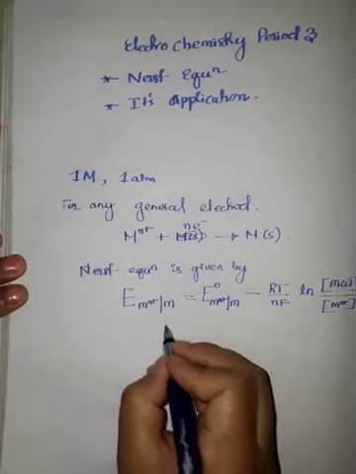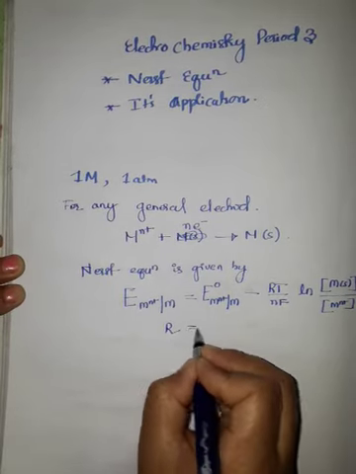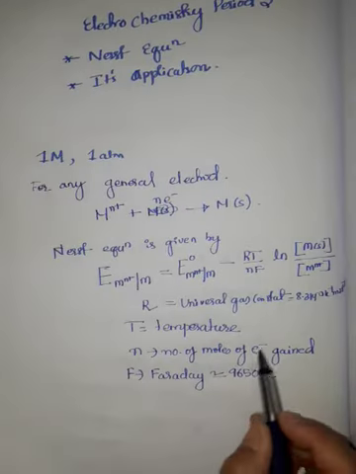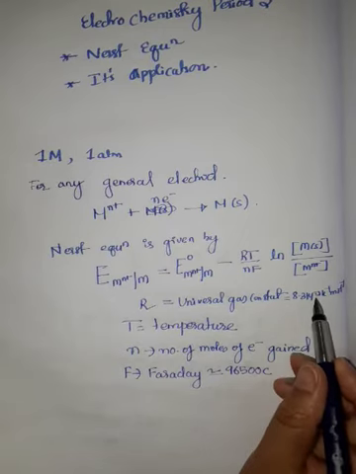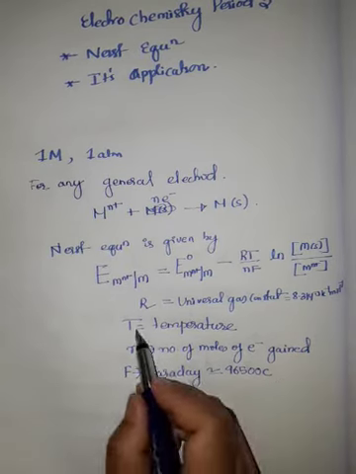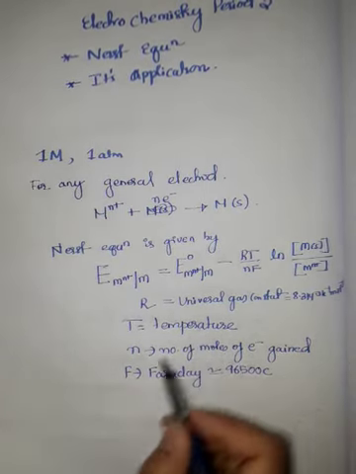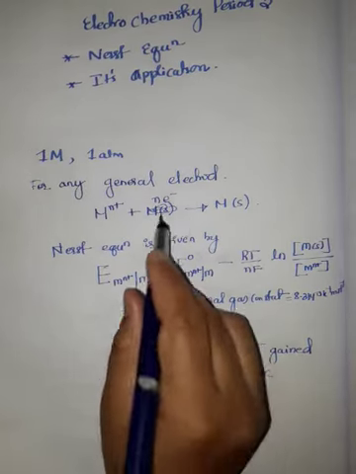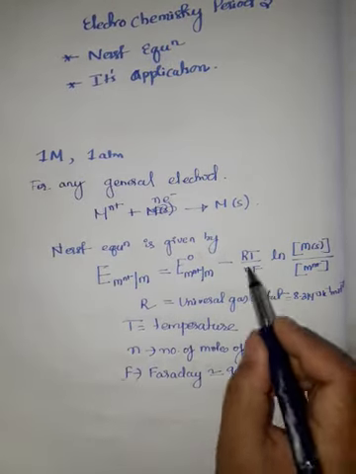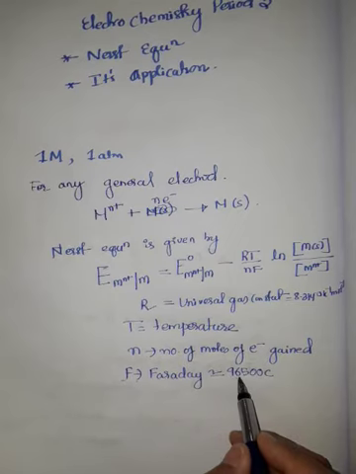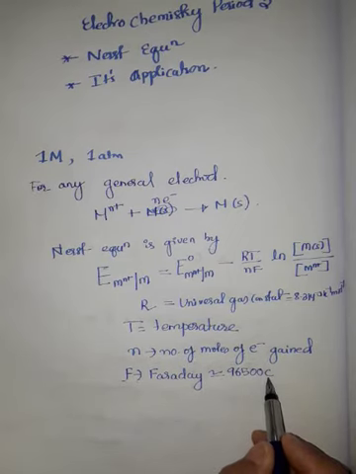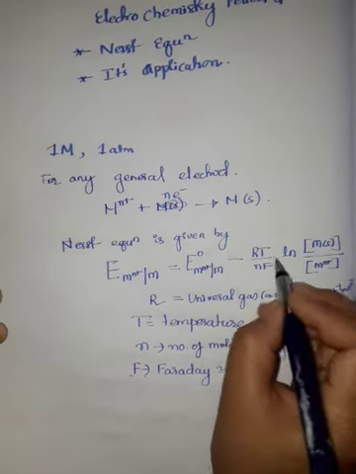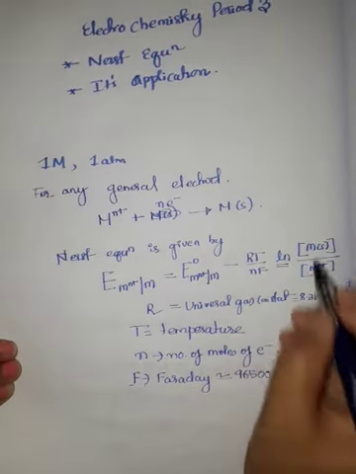Now what is R here? R is the universal gas constant, with a value of 8.314 joule per Kelvin per mole. T is temperature, n is the number of moles of electrons gained, and F is the Faraday, which is approximately 96500 coulomb, the charge carried by 1 mole of electrons. This ln is the natural log.